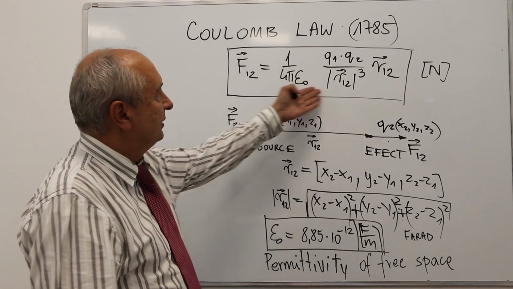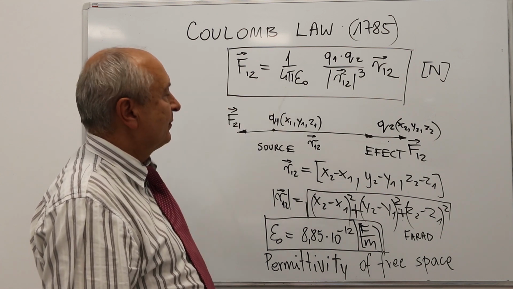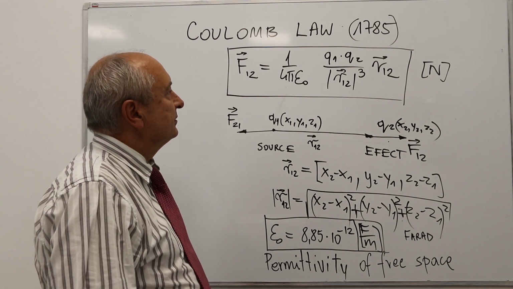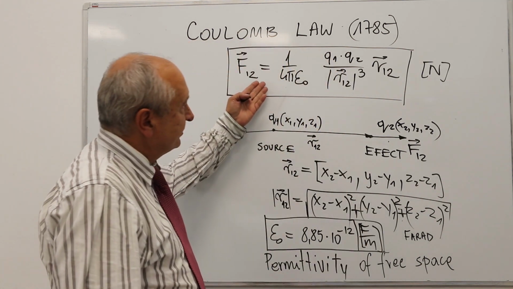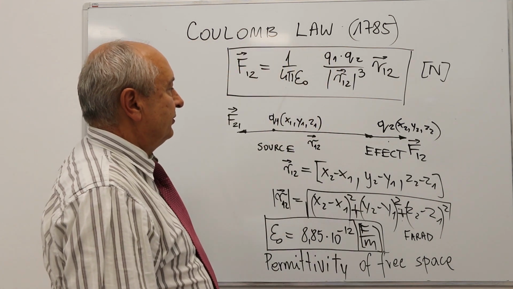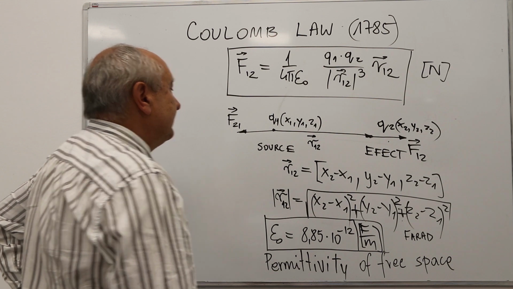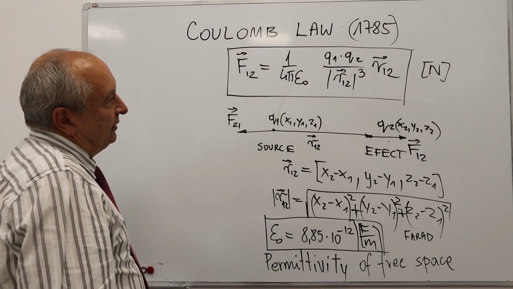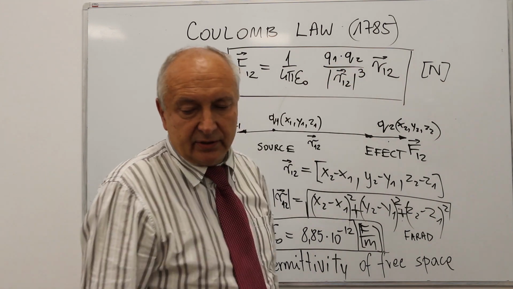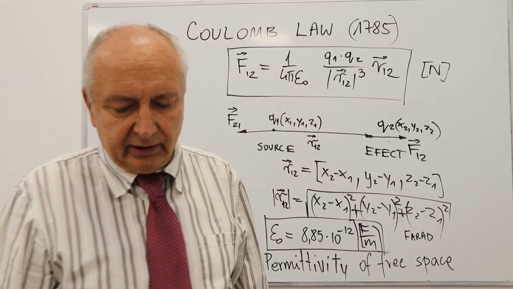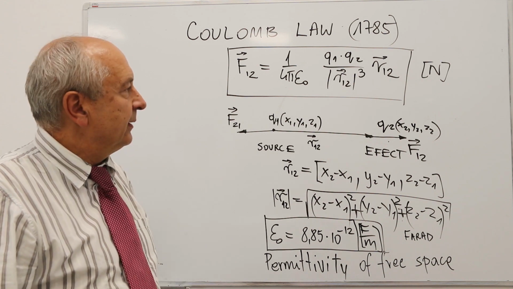Now we have all the data that corresponds to this formula, and what information can we take from this formula? First of all, we see that the direction of the force depends on the sign of the charges. When the charges are alike in sign, the force is repulsive.